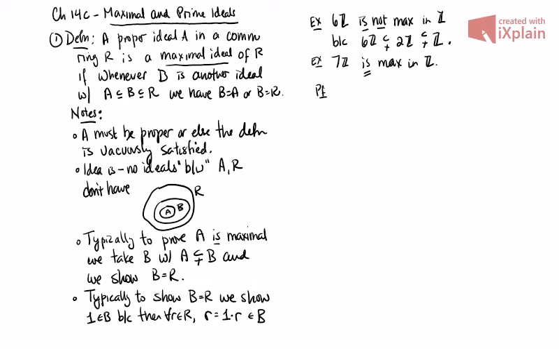I'll point this fact out when we get there, and I think we've used it in class at least once, so this shouldn't surprise you. In any case, to show that this is maximal, let's assume that there exists a B such that 7Z is contained in and not equal to B, which is contained in Z. We're going to claim that B is Z. What we'll do is show that 1 is in B.